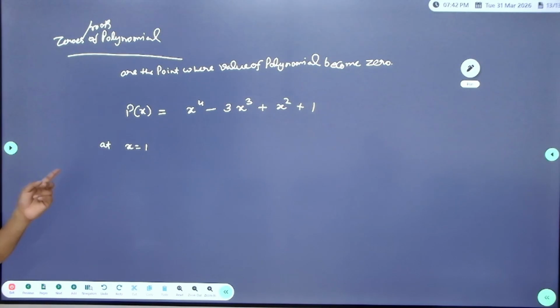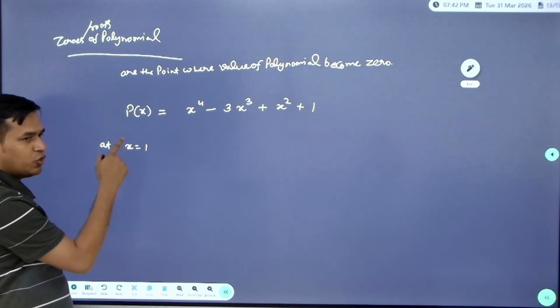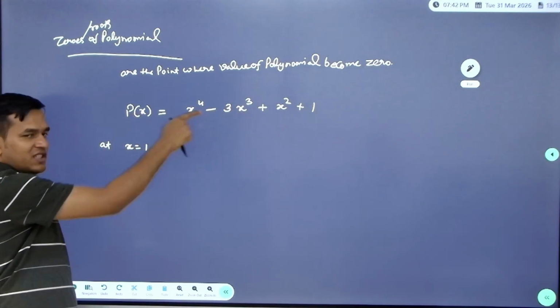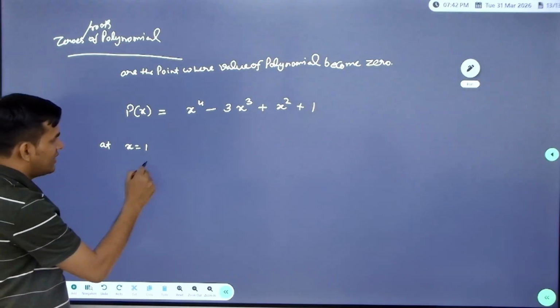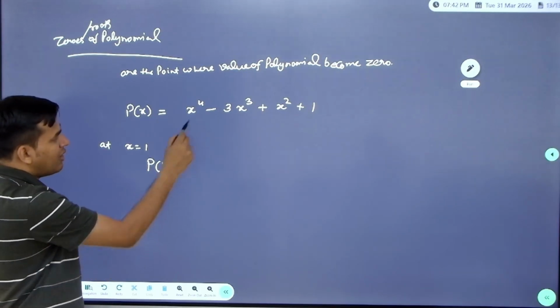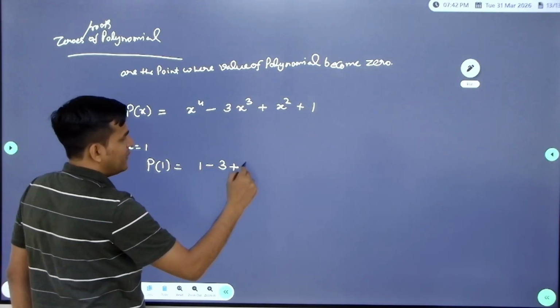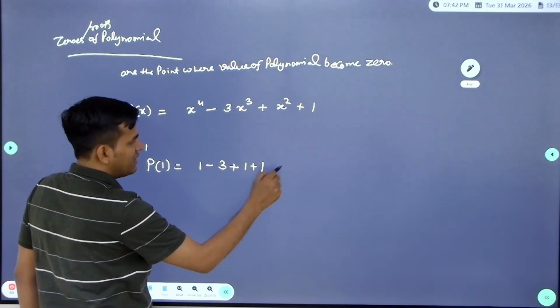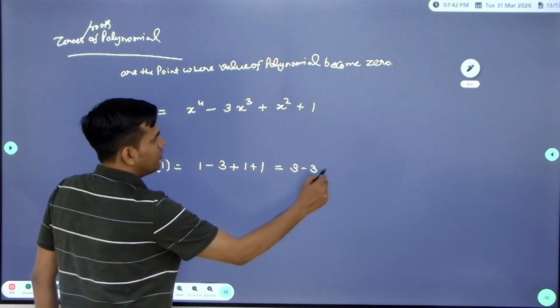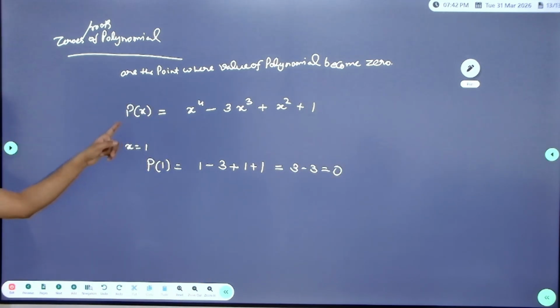We put x equal to 1. So P(1) is equal to 1 to the power 4 minus 3 into 1 cube plus 1 plus 1. So 1 plus 1 plus 1 is 3, and 3 minus 3 is equal to 0. So at x equal to 1, this is equal to 0.